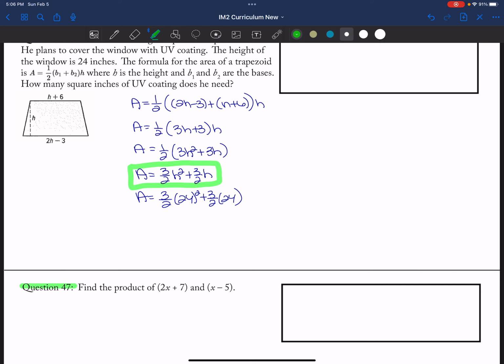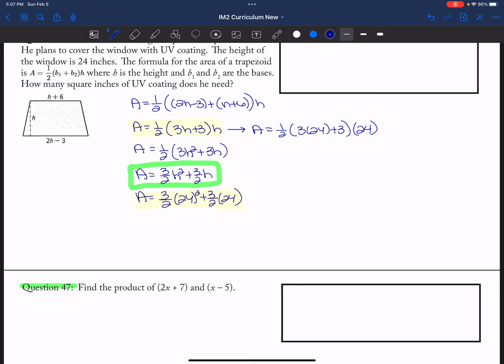In the end, this here is terrible to simplify. It would be so much easier if I had the 24 here, so area is equal to 1/2 times 3 times 24 plus 3, and then multiply it by 24. That might be a little bit easier than squaring the 24.